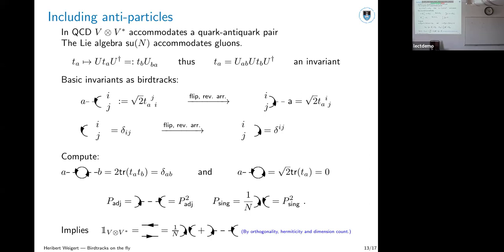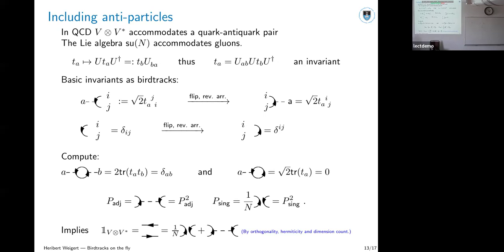And you see, you can also calculate dimensions. You get the dimension of the space you project on by tracing the projection operator. The traces of these projection operators are easy to calculate in this game. And for the first one, you find Nc squared minus 1. For the second one, you find 1.